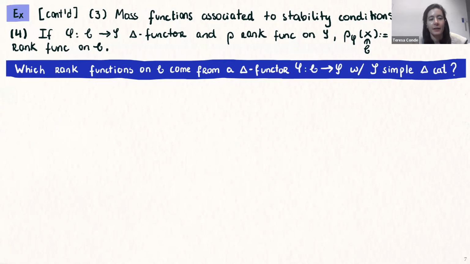Now, having in mind Schofield's results describing all these Sylvester rank functions via morphisms from a ring to a simple Artinian ring, it makes sense to ask whether all rank functions, or which rank functions, come from a functor from C to S, where S is a simple triangulated category, through this pulling back procedure.